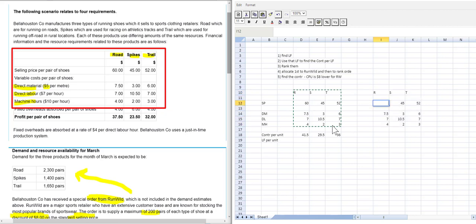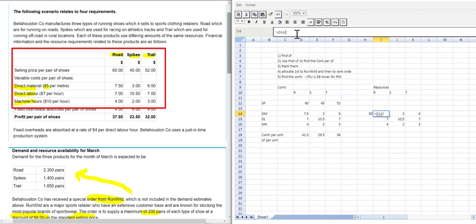And then we don't need the selling price again, but we need to change these to now be units of resources. So I'll put resources at the top there. And this is for contribution over here. So 7.5 divided by 5, just so you know it's $5 here, gives you the number of resources you need, which is 1.5.